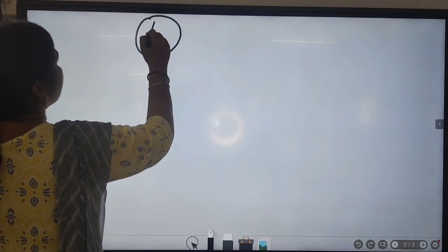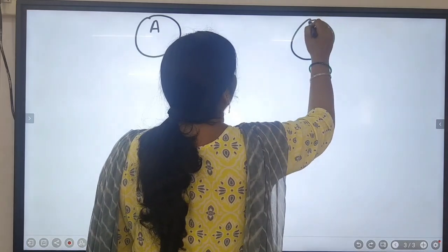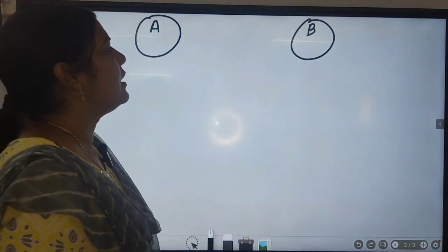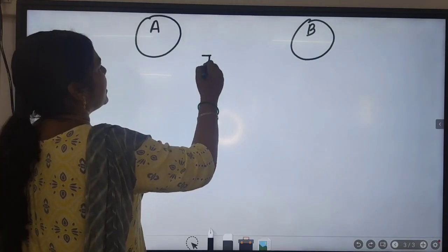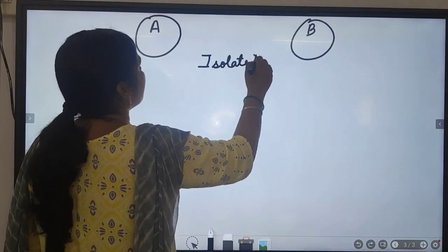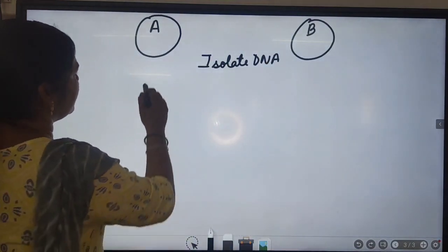Suppose there is an individual A and there is an individual B. First of all we will isolate DNA from both these individuals.